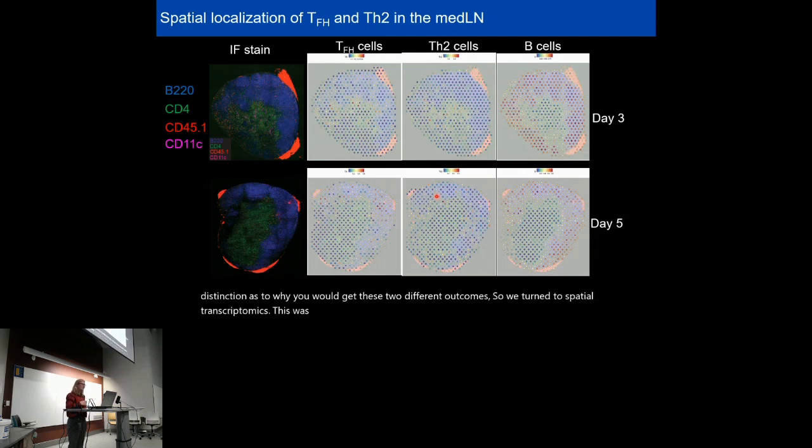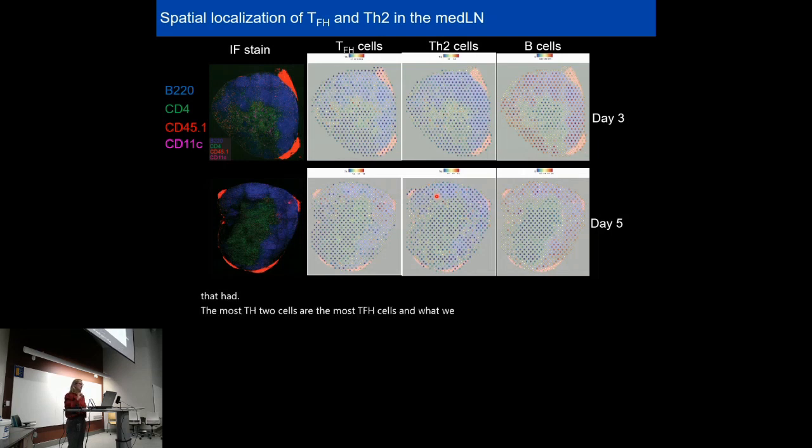This was the original Visium, using the 55 micron spots, and using cell2location and single cell RNA-seq data that we had paired, we were able to go back into the spatial data and identify the regions broadly, because this is not single cell, but the regions that had the most Th2 cells or the most TFH cells.